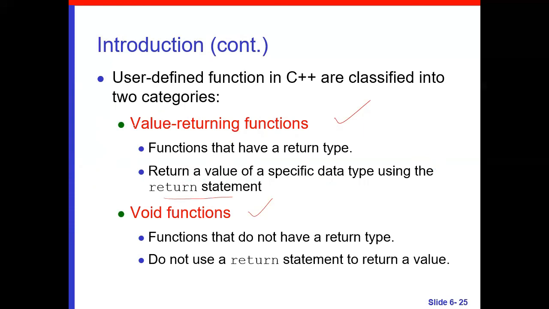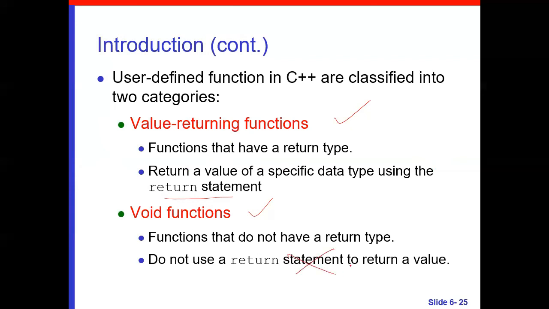It will return something, give a value, to the main. The void function is vice versa. It does not have a return type and does not use a return statement to return a value.